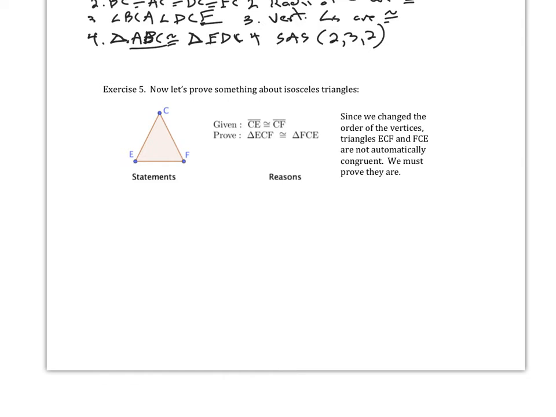Okay, we're told that CE and CF are congruent, and we're to prove that angles E and F are congruent. We're going to prove that these two triangles are congruent.